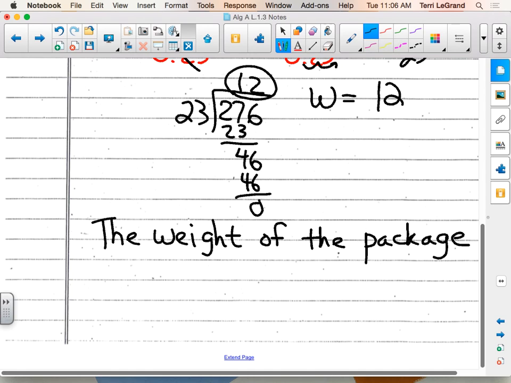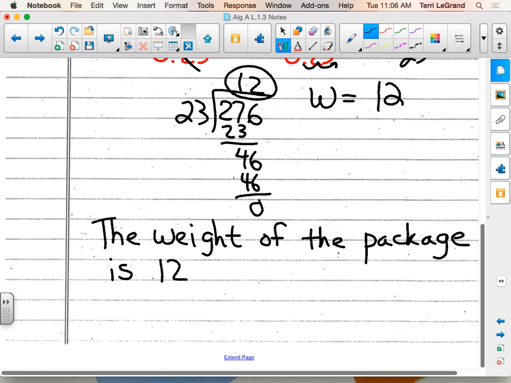We can write in math too. The weight of the package is 12. I still did let you use the numeric way of writing the numbers instead of words. So 12, but 12 what? 12 pounds?